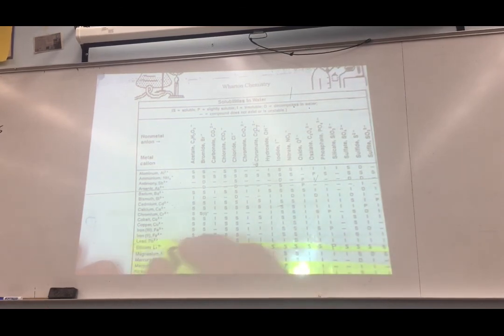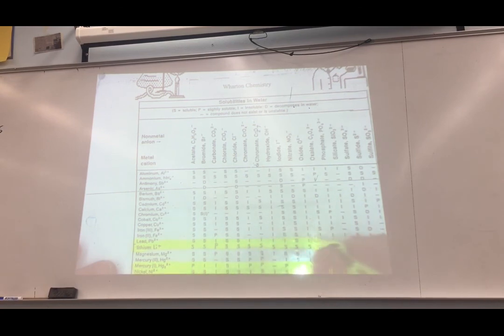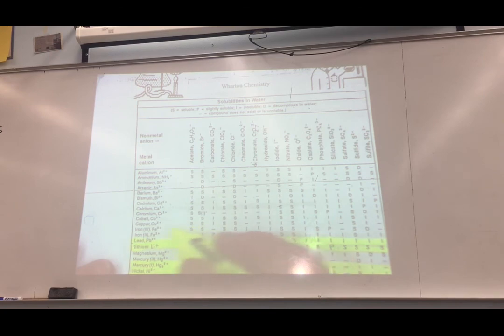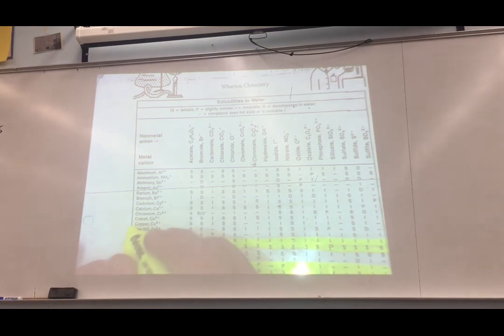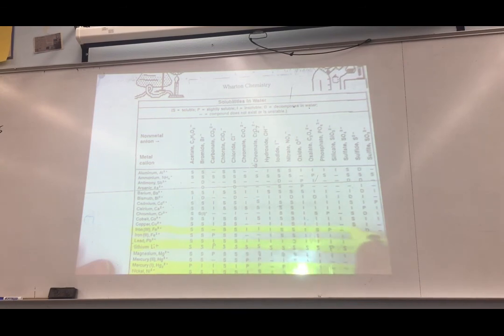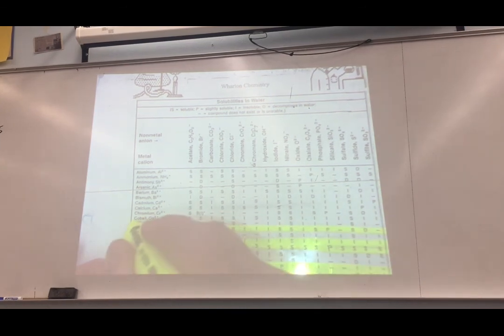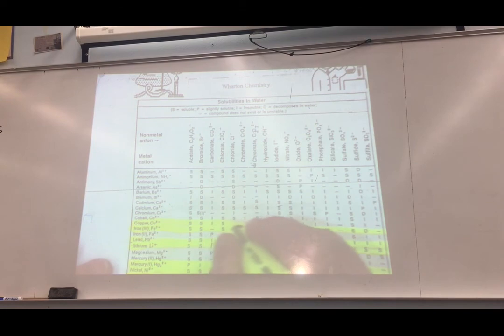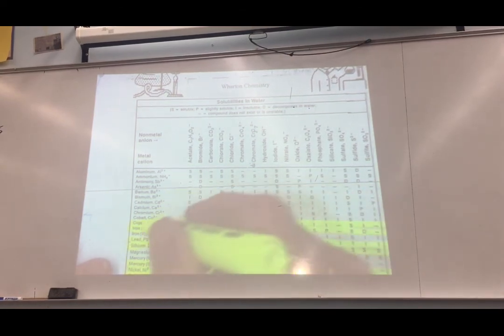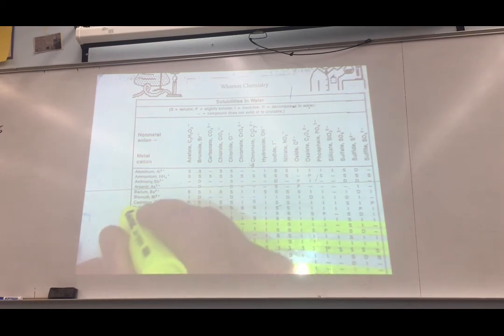Lead 2, yes. There's only mercury 1. Iron 3, not iron 2. Copper 2. No cobalt, no chromium. Calcium.